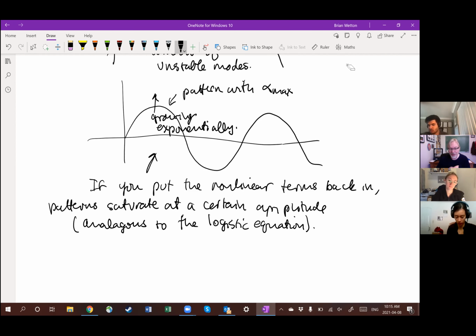Right, the logistic equation had exponential growth near 0, but then it limits out at an amplitude of 1. So if you put realistic reaction terms in, you will get patterns form. They will at least start forming at a particular wave number, and then they'll saturate out. So the pictures you see online are often steady state or near steady state results of these kind of reaction diffusion problems with instabilities from this Turing mechanism.